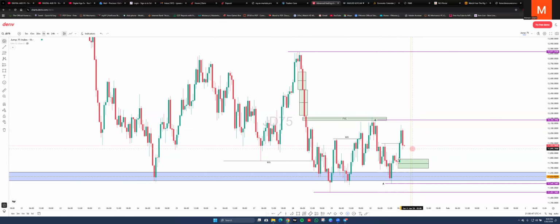So if we're to buy this market, I will be looking to buy it at this area of the chart. If it doesn't come here, then I'll just wait. And if it still sells below this point, then fine, let it sell off and I'll change bias.